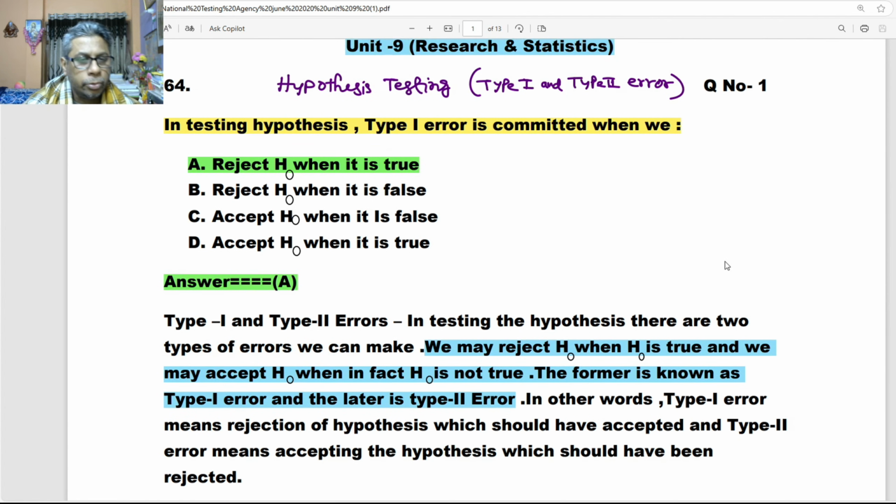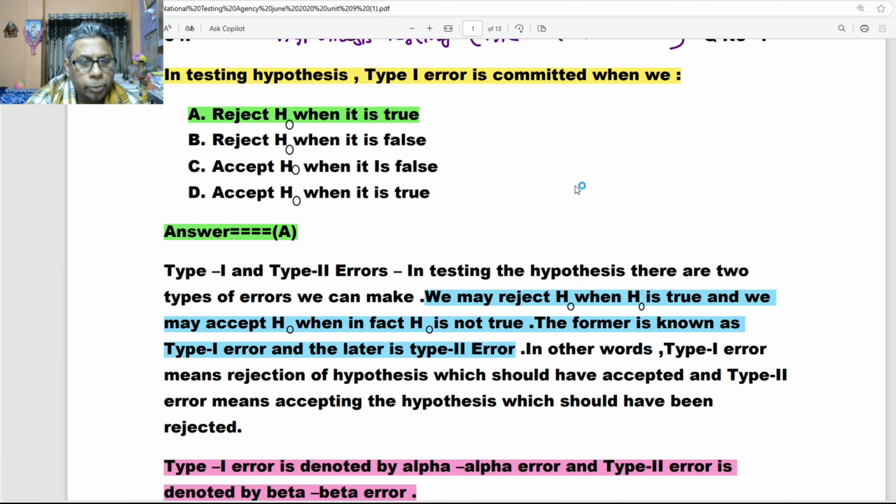So type 1 error is when we reject the null hypothesis when it is true. When the null hypothesis is false and we accept it, that is called type 2 error.